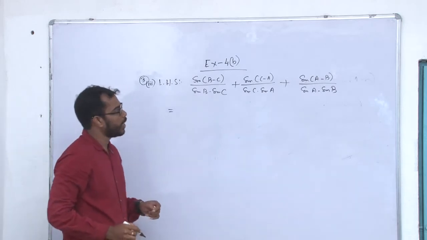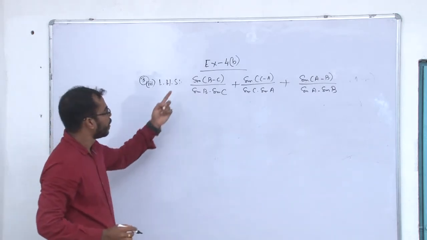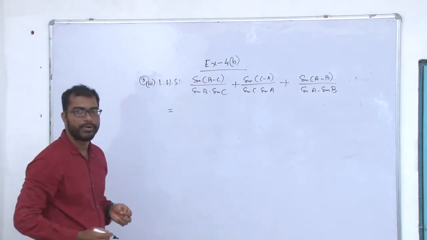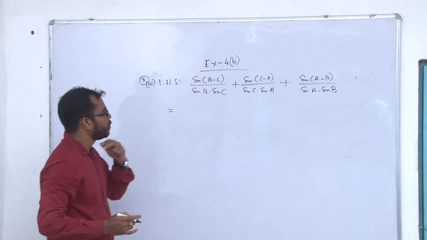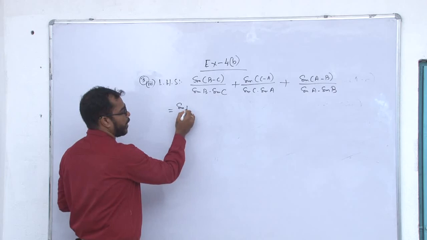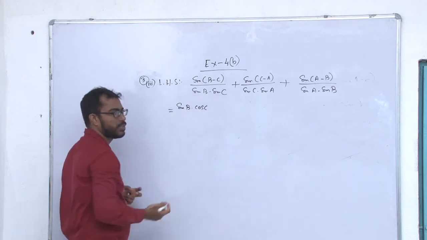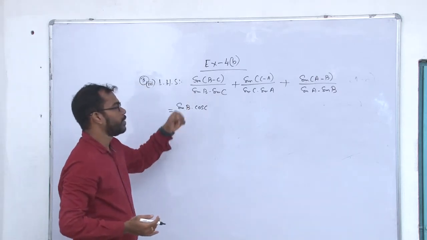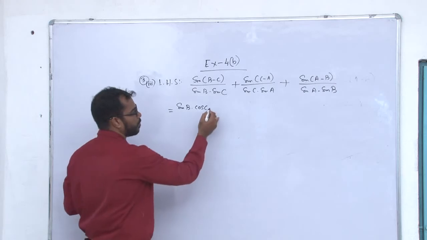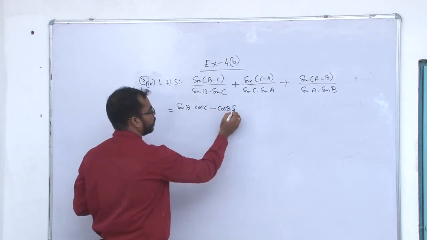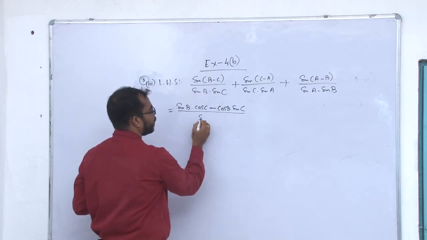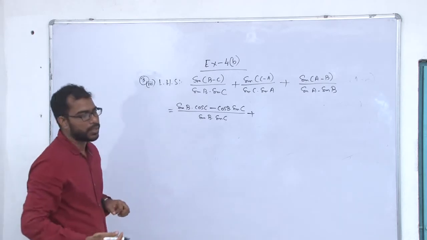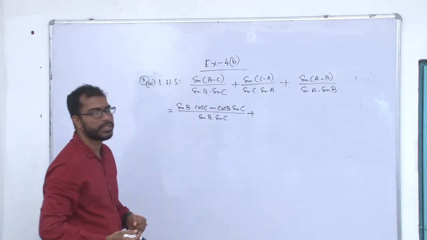That is equal to, now we can apply the formula. As you see in the numerator, that is sin(B minus C), so we can apply the formula for sin(A minus B), which is sin A cos B minus cos A sin B. So we can write sin(B minus C) equal to sin B cos C minus cos B sin C, by sin B sin C, plus the next expression, that is sin(C minus A).